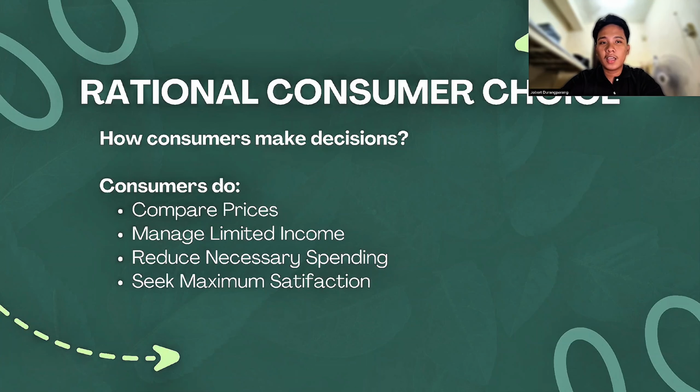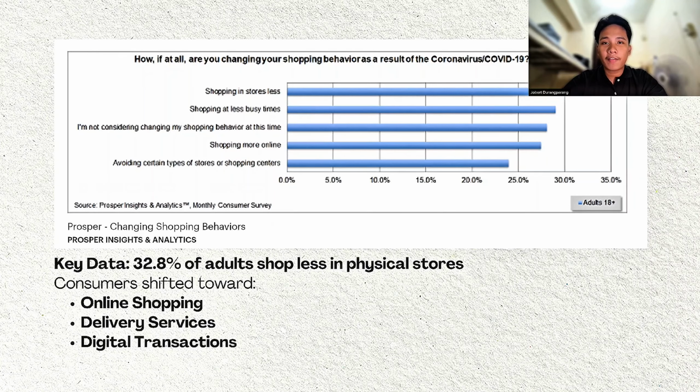Further, the article talks about a graph. According to the graph, around 32.8% of adults were shopping less in physical stores. This graph demonstrates a major shift in consumer preference from traditional shopping to online or hybrid shopping methods.